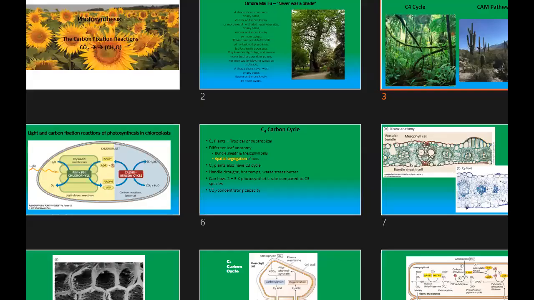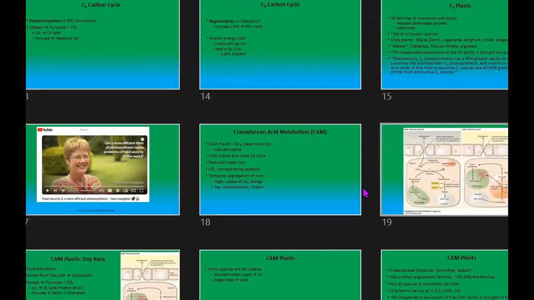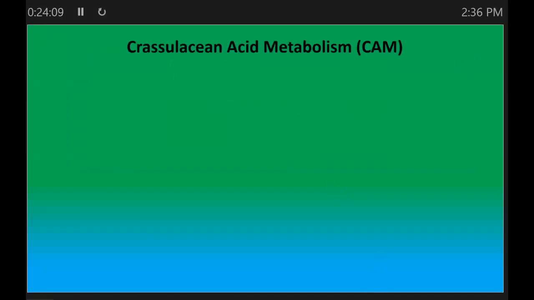So what are they doing? When they looked at these plants, they could see that they do have special adaptation. They were first discovered in the Crassulaceae family. So that's why they named it CAM. It's short for Crassulacean acid metabolism.